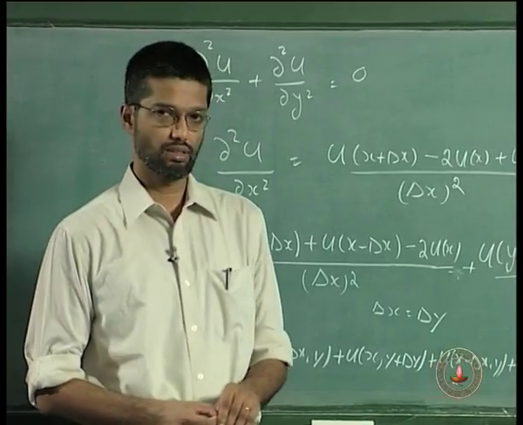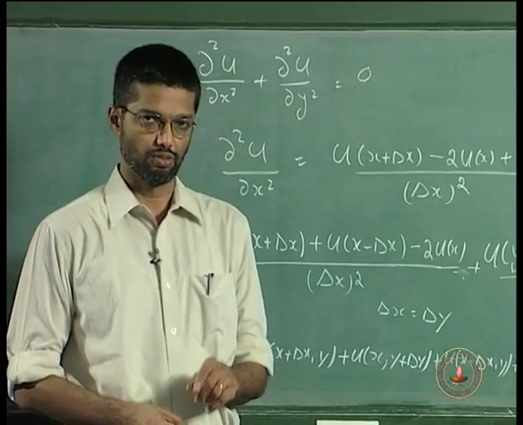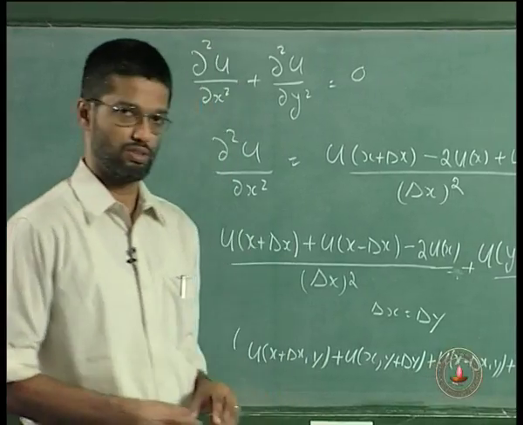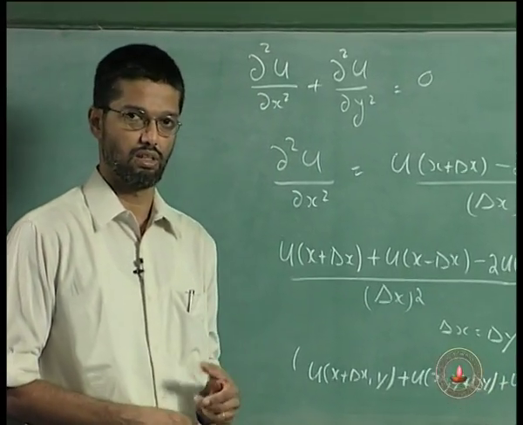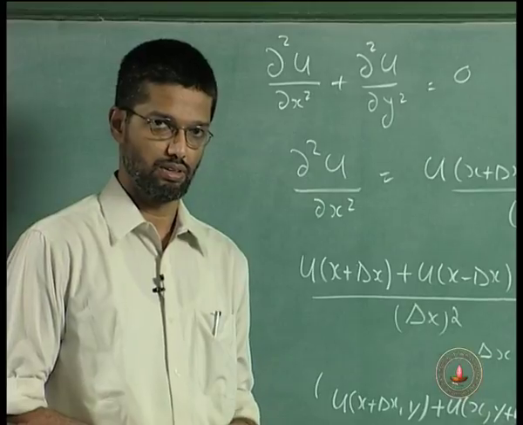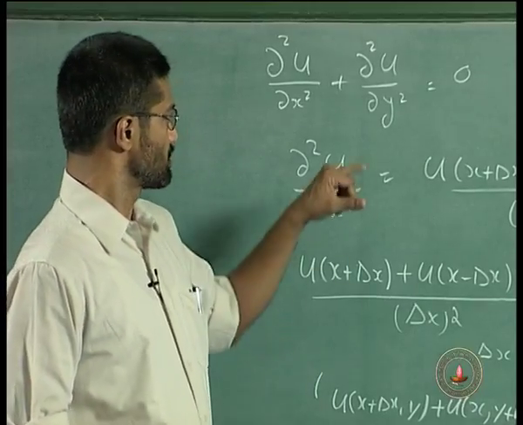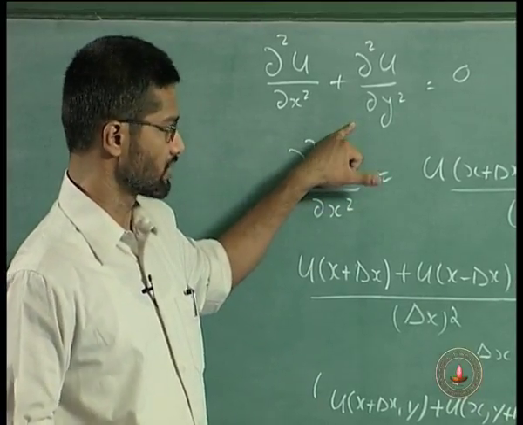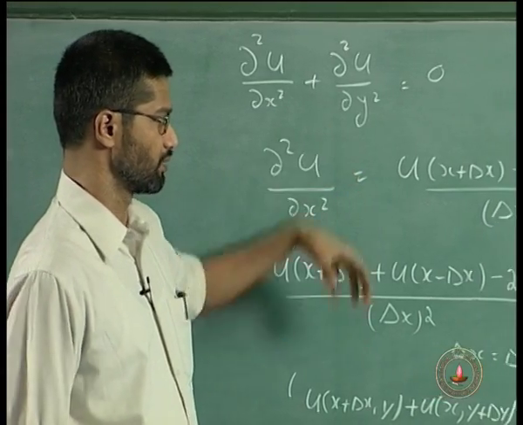So now we look at a slightly different form, in which we look at equations which are time dependent. So this particular equation we solved in the context of the distribution of temperature.